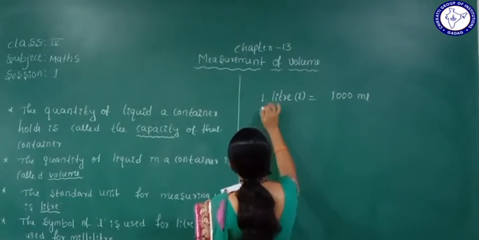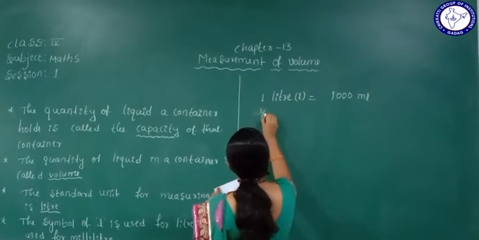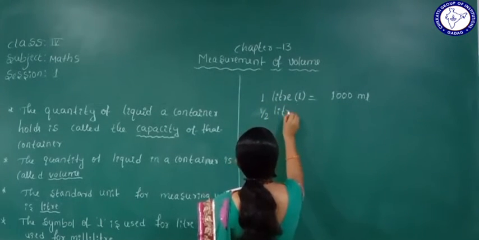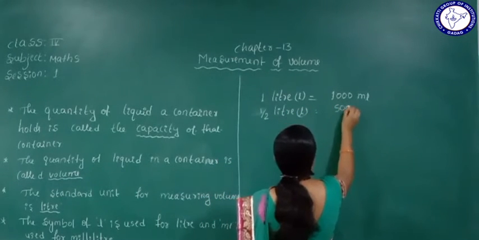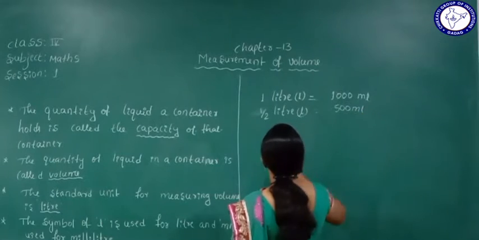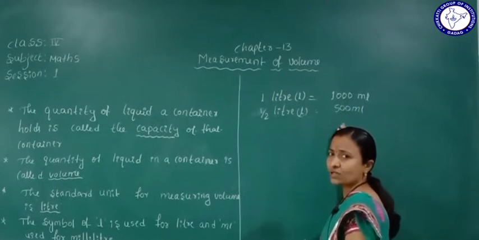Second one, half liter is equal to 500 ml. Half means what? Half of a thousand. How much? 500.